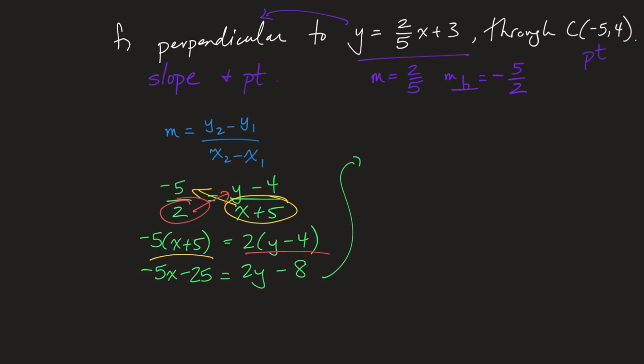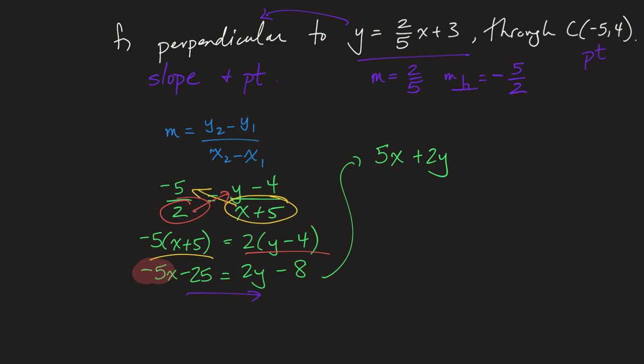My x value needs to have a positive coefficient. Right now, it's got a negative coefficient, so I need to picture everything going to that side. So, on that side, the right side, I'm going to have a positive 5x. The 2y is already over there, so I don't have to worry about moving it or changing its sign.